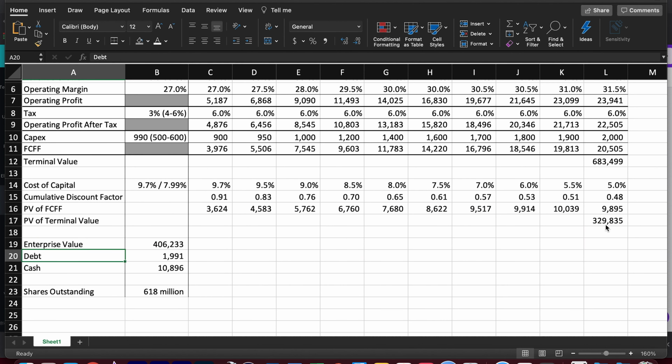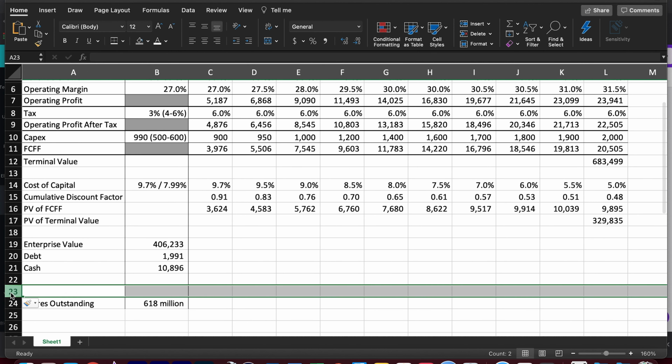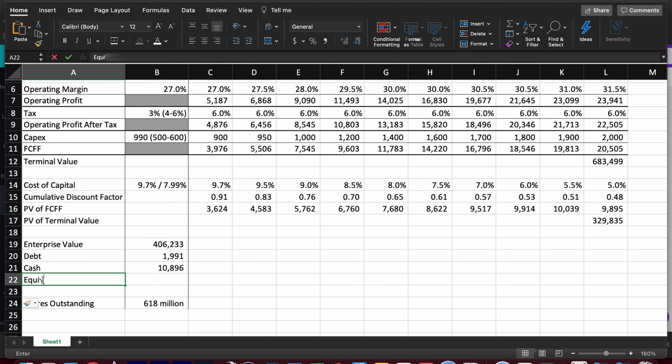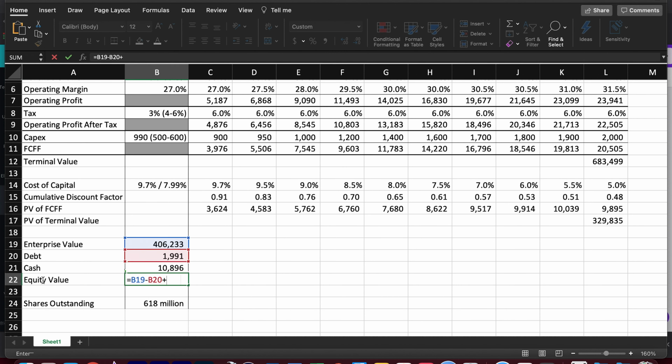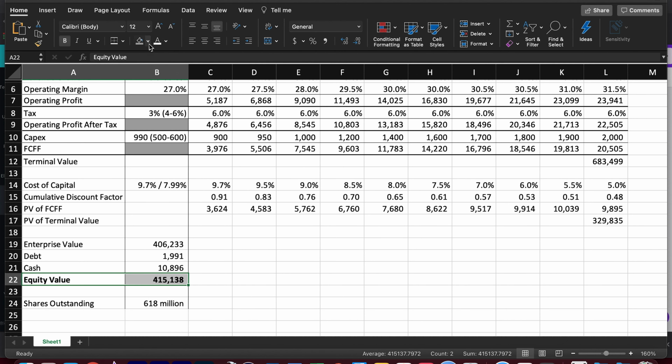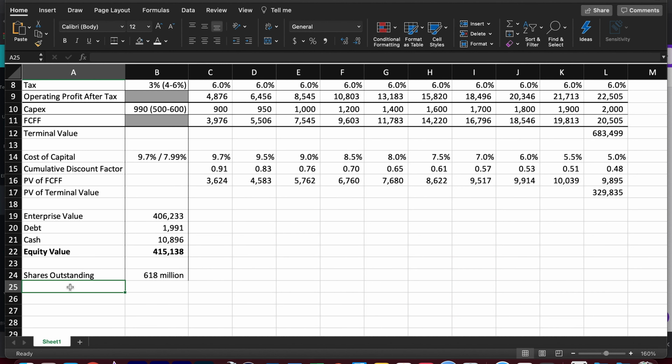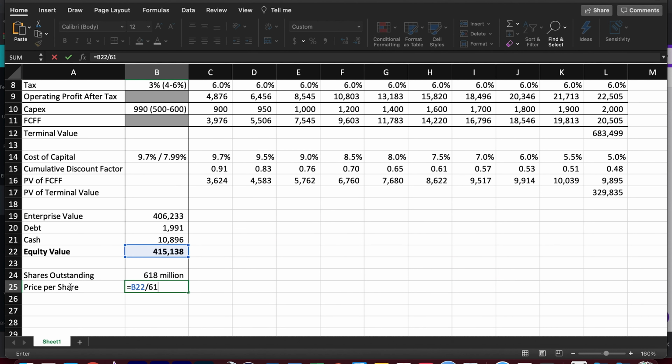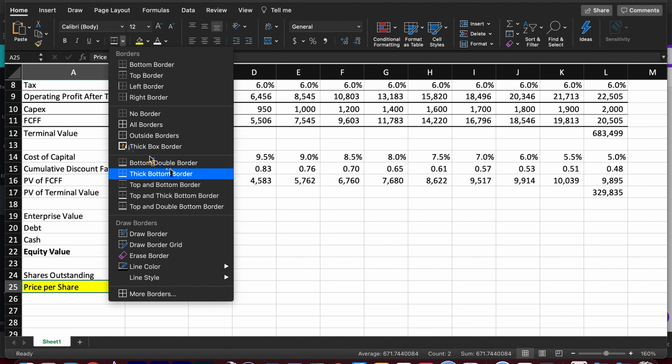This is called enterprise value. Enterprise value is made up of equity, cash, and debt. To arrive at Nvidia's equity value, we need to subtract debt and add back cash. And when we do that, we get an equity value of $415 billion. This is what we think their market cap should be. So we take this number, divide it by the total number of shares outstanding, and we get a target share price of $671.74.